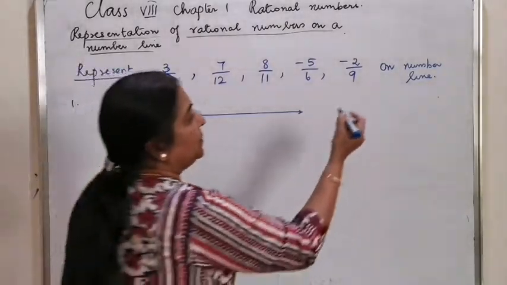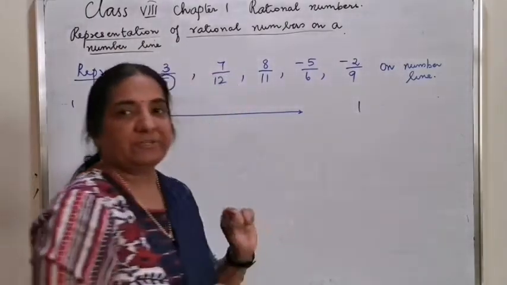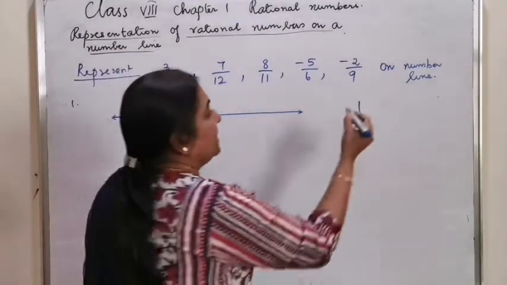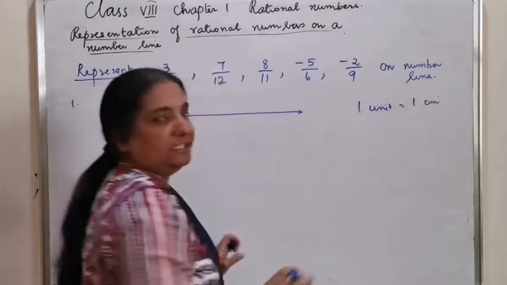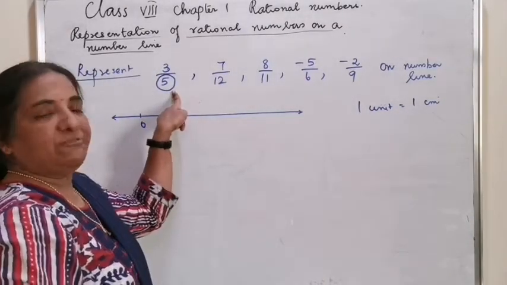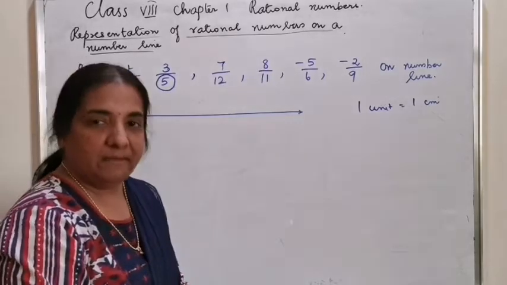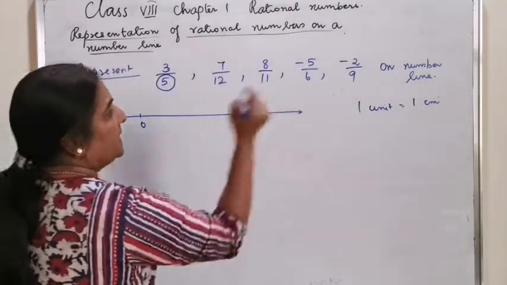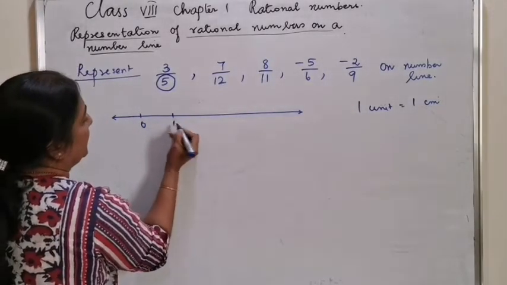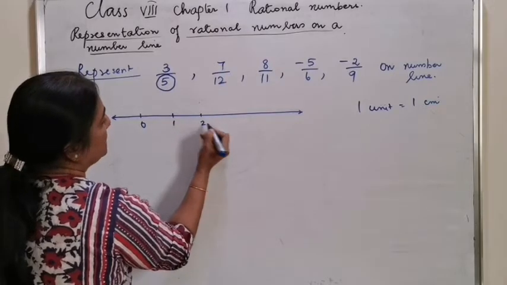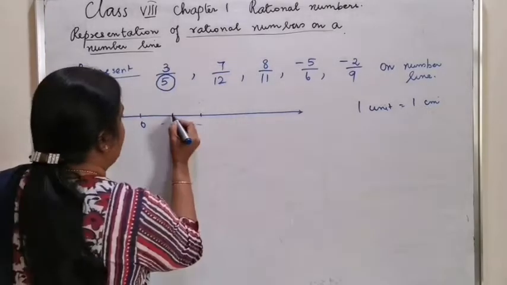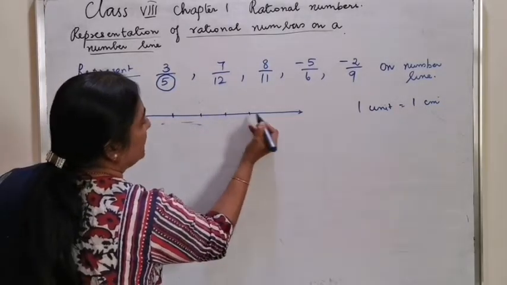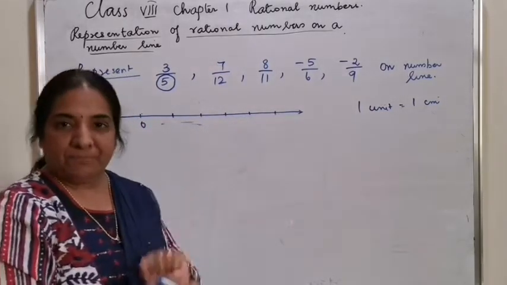Now, on your scale, 1 unit you can take as 1 centimeter here because the number 5 is not a very big number. So each 1 centimeter you can plot the points and keep.